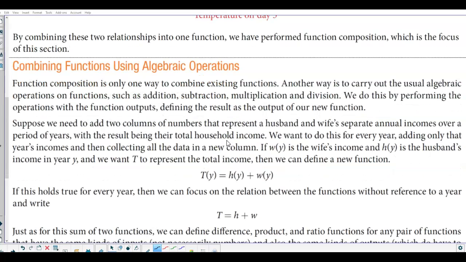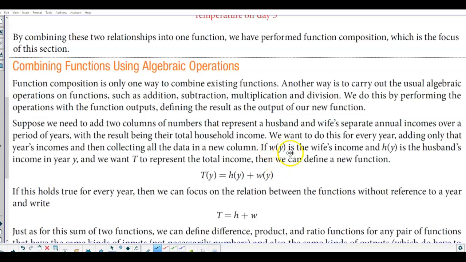Now, suppose we need to add two columns of numbers that represent a husband and wife's separate annual incomes over a period of years, with the result being their total household income. We want to do this for every year, so adding only that year's incomes and then collecting all the data in a new column.